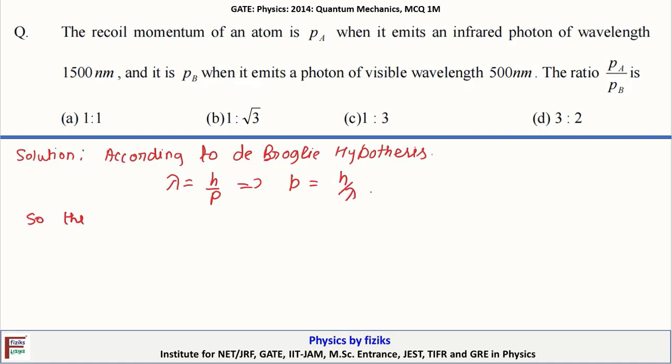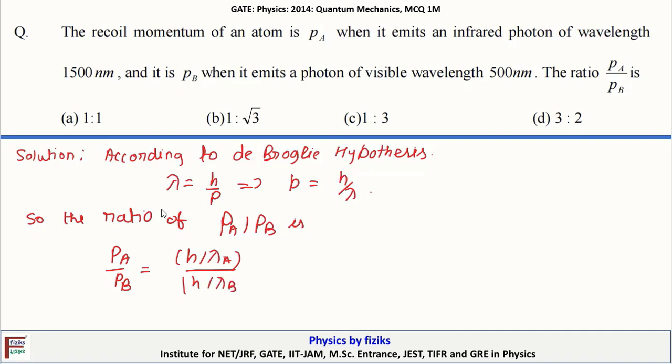So the ratio of Pa by Pb is equal to h by lambda a divided by h by lambda b, which is equal to lambda b by lambda a, which is equal to 500 nanometer divided by 1500 nanometer, equal to 1 by 3.